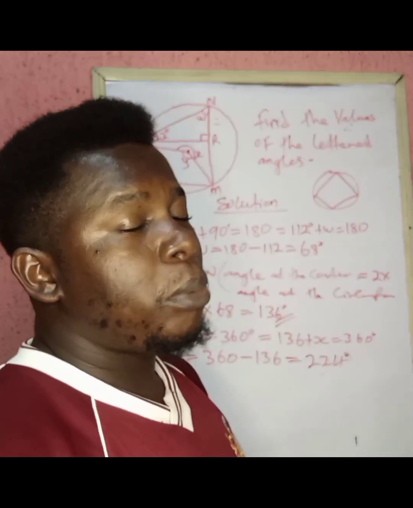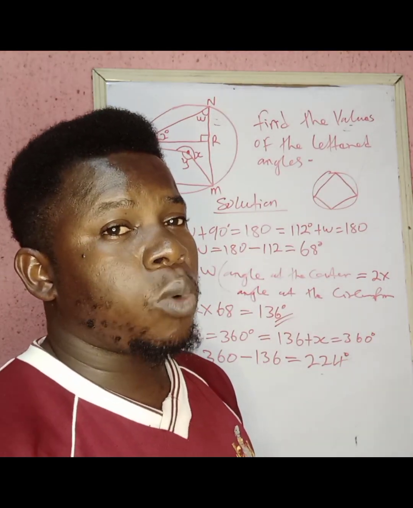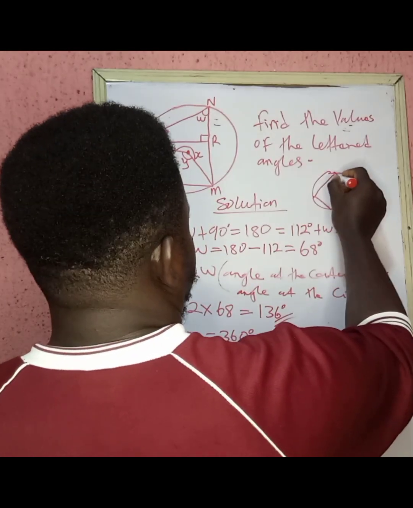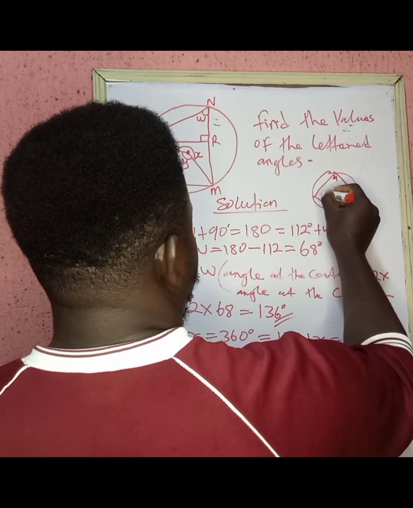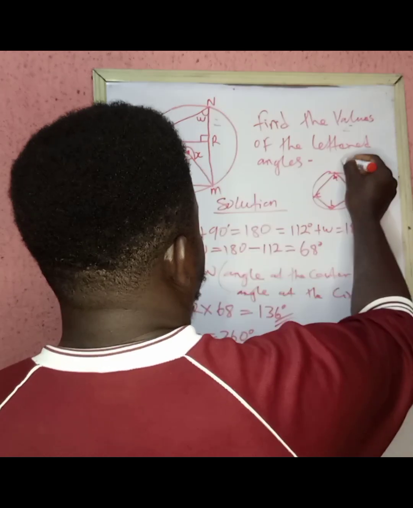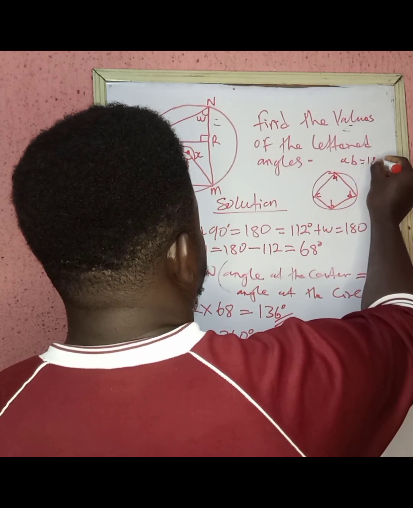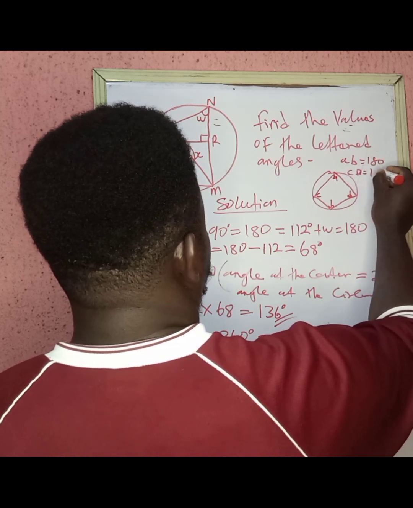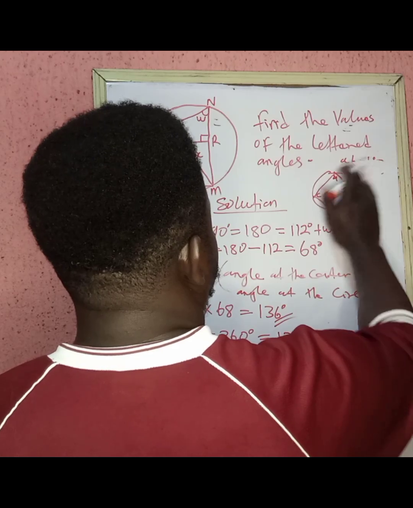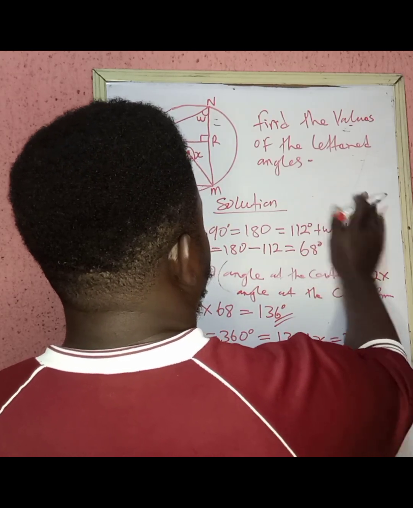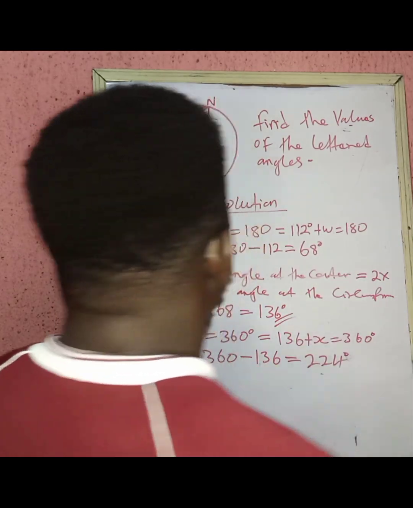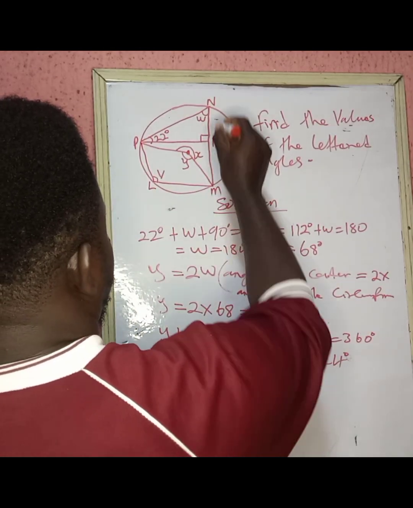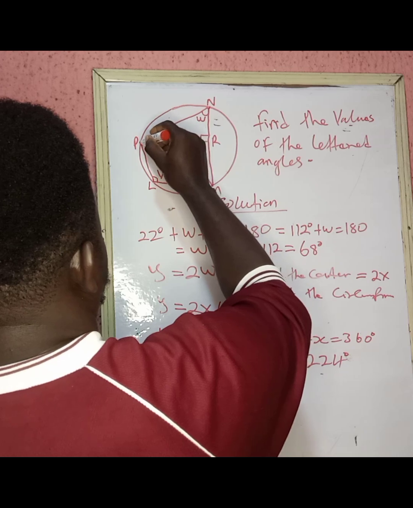It says the opposite angles of a cyclic quadrilateral add up to 180 degree, which is this and this, A and B, C and D. A and B is equal to 180. C and D is equal to 180. So what's the cyclic quadrilateral here? We have this, this, this, and this.